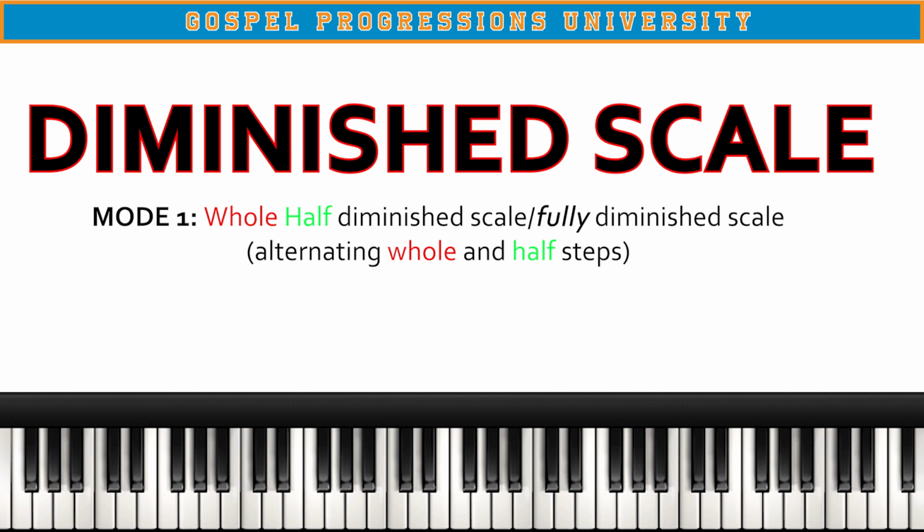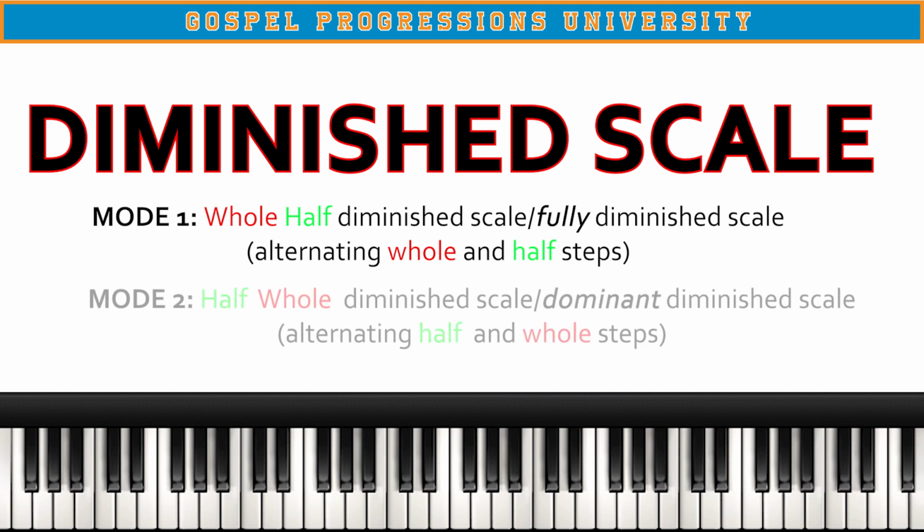The second mode, mode number 2, is the half whole diminished or dominant diminished. So we have half step, whole step, half step, whole step, half step, whole step, half step, whole step. Now that's it. Remember, the diminished scale is only one scale with 2 modes.